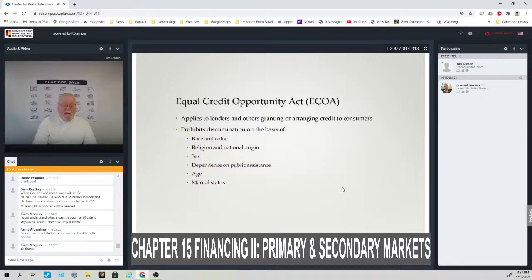I know it's not protected under the federal fair housing laws or the New Jersey laws against discrimination. But according to this PowerPoint, age is a protected class for credit. I'm assuming that they know better than me. I don't want to go there. But all these criteria can never be discriminated against when it comes to lending.